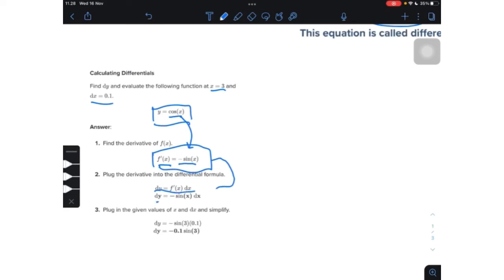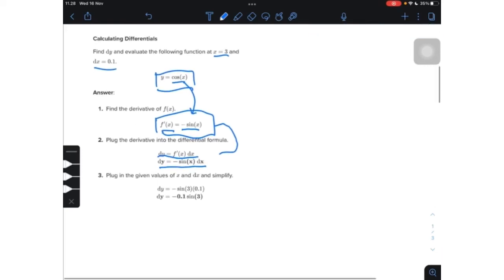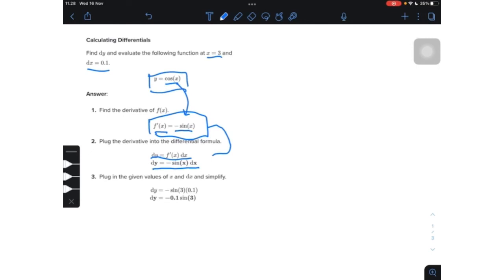So it would look like this: dy equals minus sin x times dx. After that, we use x equals 3 and dx equals 0.1 inside the differential formula that we already put the minus sin x in. So the differential will be dy equals minus 0.1 sin 3.